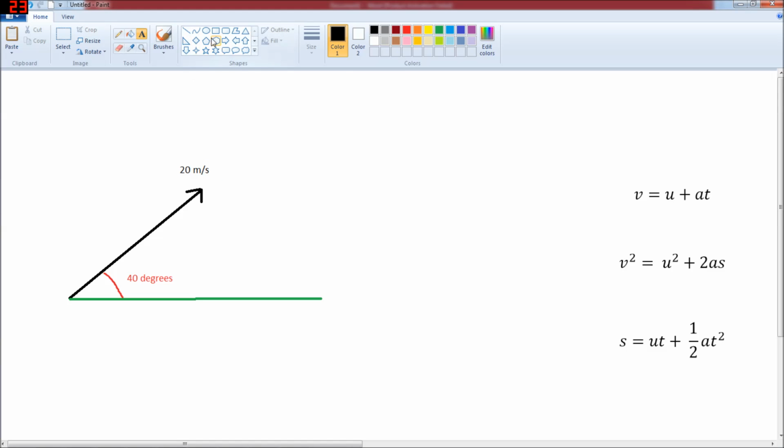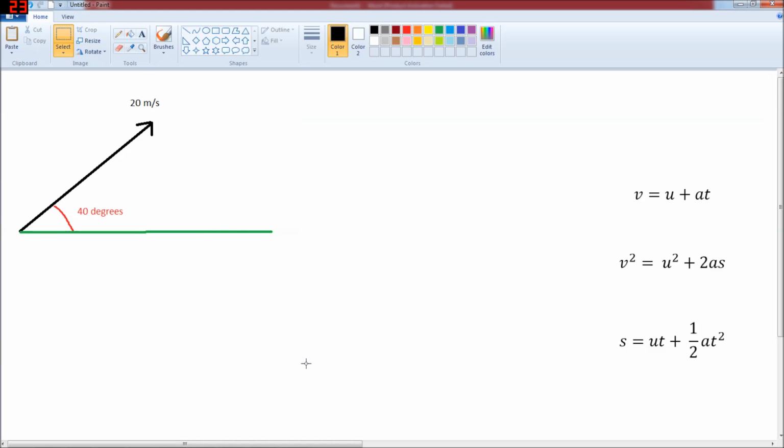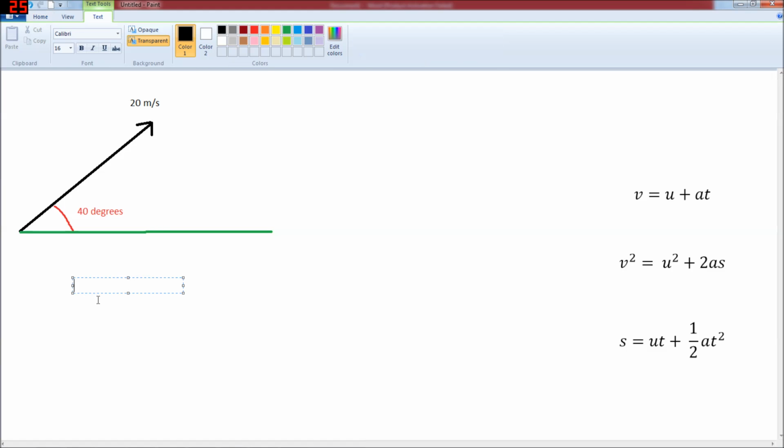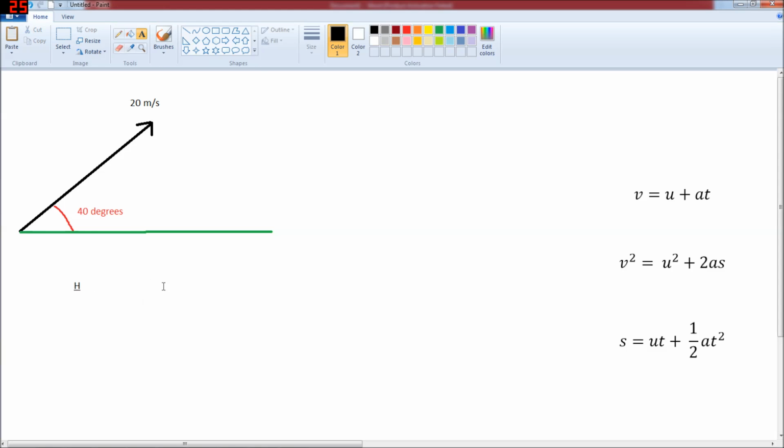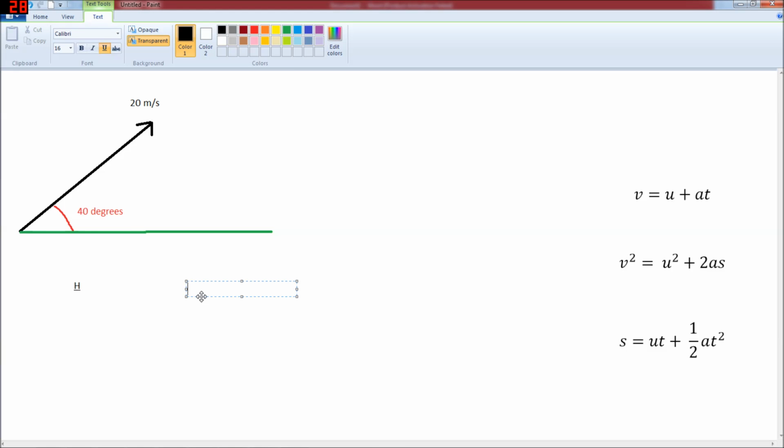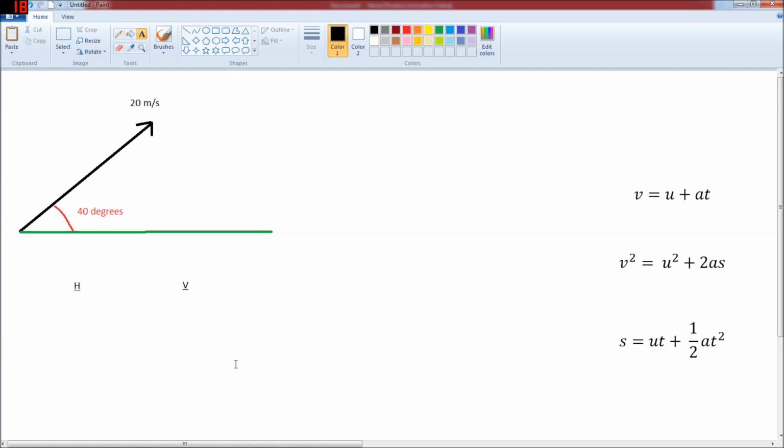Now you think to yourself, well, what can I figure out from that information? And actually you can get quite a lot. The first thing we can do, and this is something I'd always advise, is write out h and underline it, and then over here write v and underline that as well. This represents horizontal and vertical, and we can write all of the information that we know.